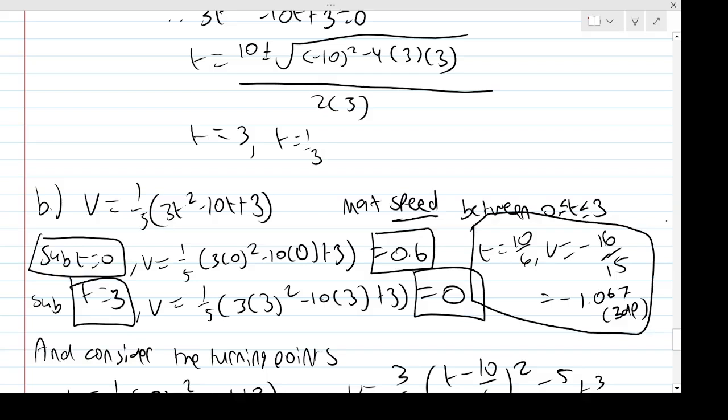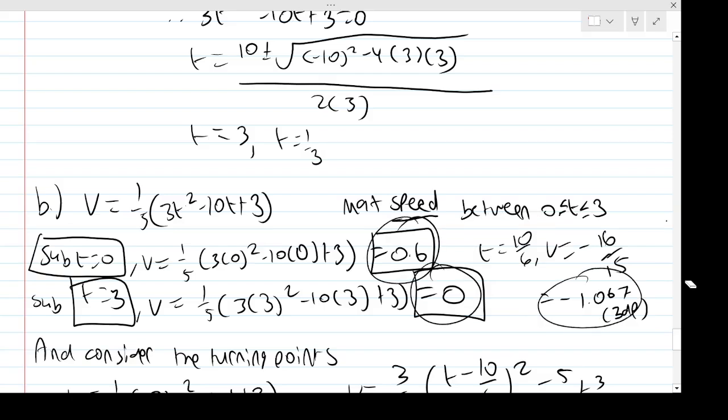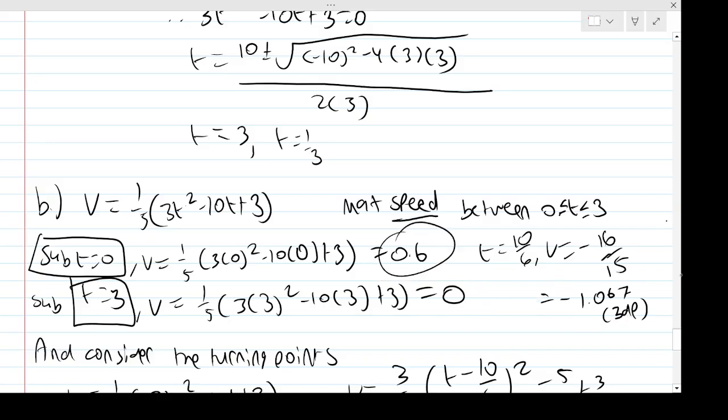Okay, so the values to consider for v are 0.6, 0, or minus 1.067. Now you might think from that then, well, the maximum is 0.6, right? It's the highest out of 0.6, 0, and minus 1.06, right?